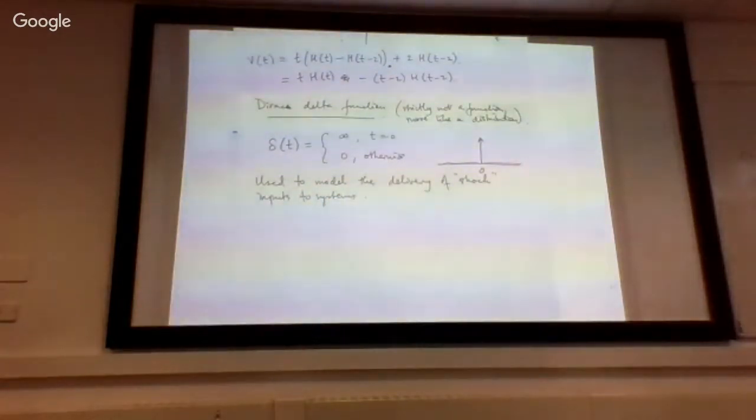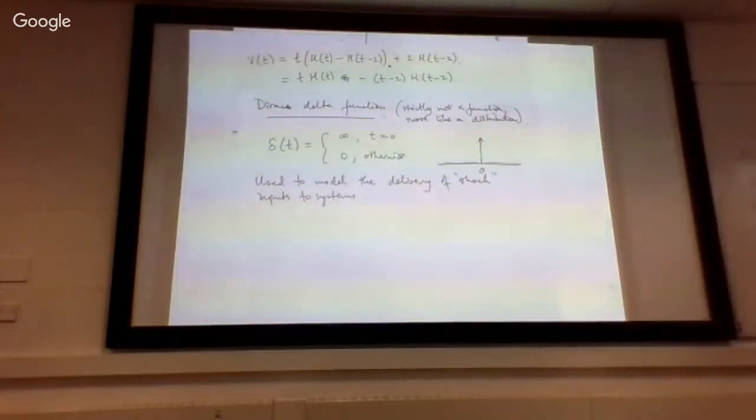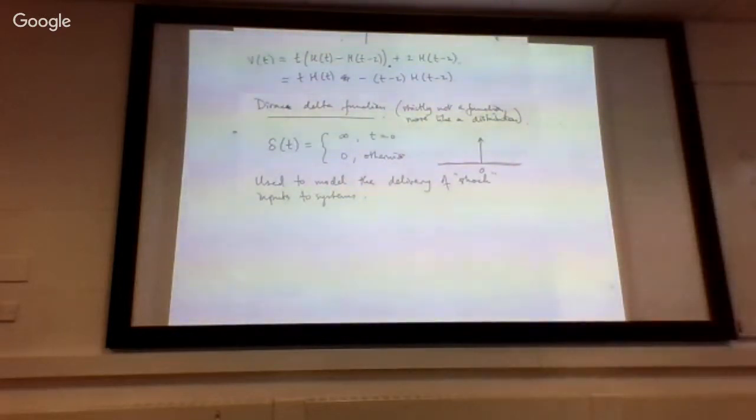Some kind of explosive effect, which for modeling purposes is treated as if it just happens instantaneously at a single point in time, rather than some effect which is more conventionally distributed over a certain interval of time. So something like an explosion or a shock delivery of some input into a system, which in the model is modeled as happening instantaneously. That's the Dirac delta function.